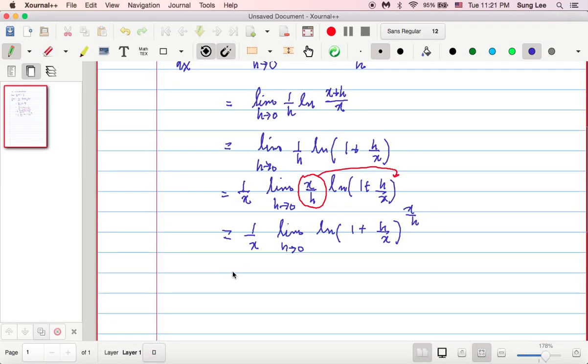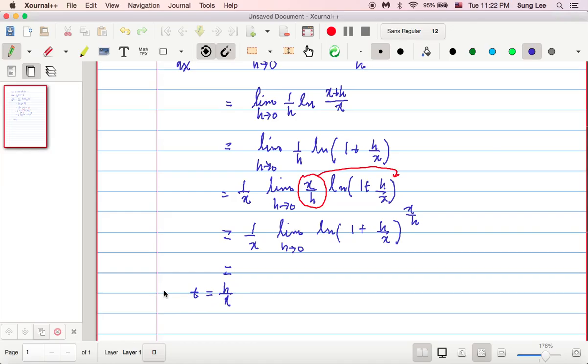Okay, now what I'm going to do is the following. Here I'm going to set h over x to another variable t.